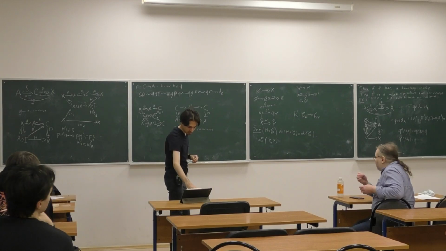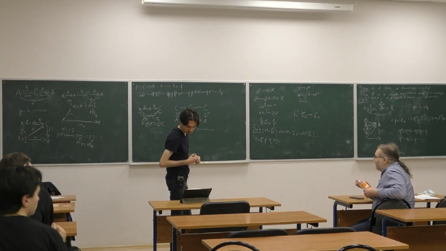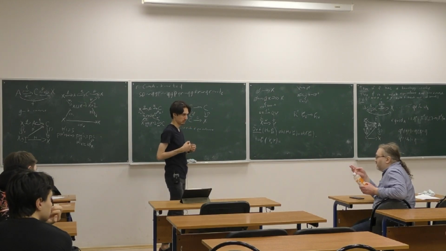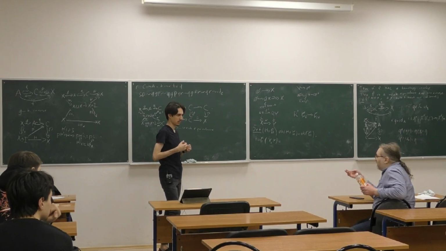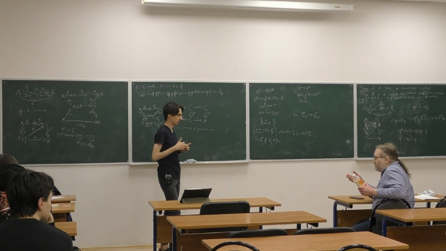So I suggest it makes sense to take the localization as the definition, and then the other version as a recipe to compute the morphisms.